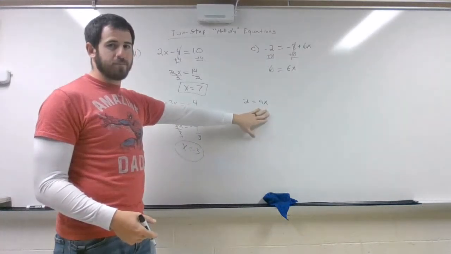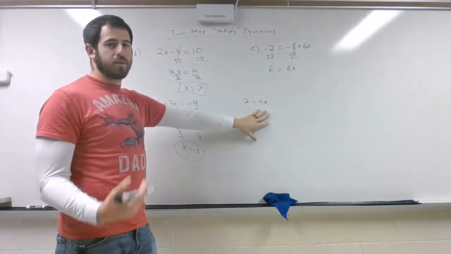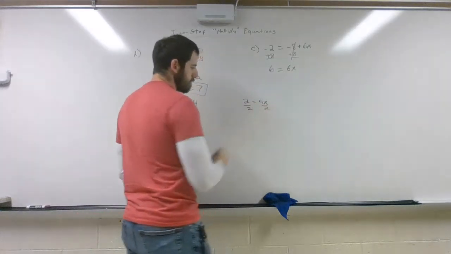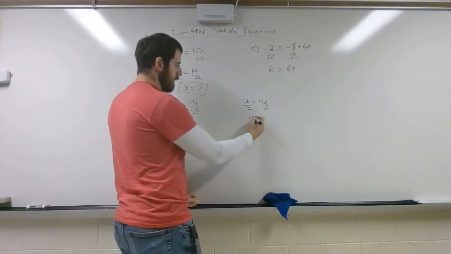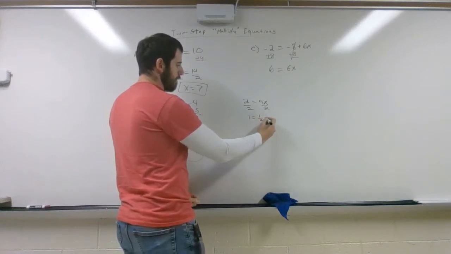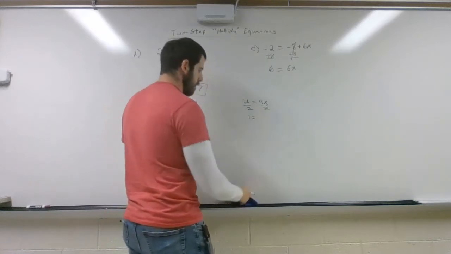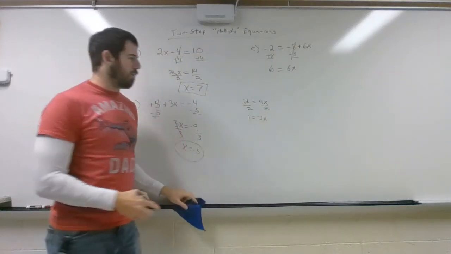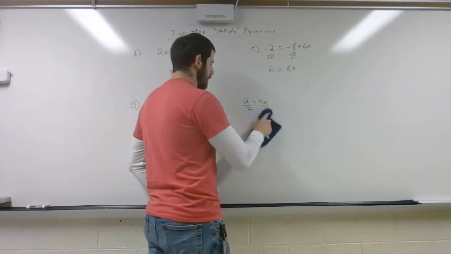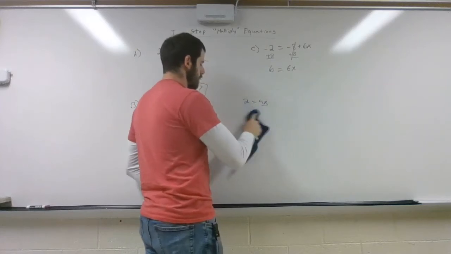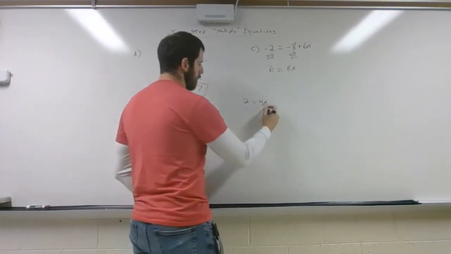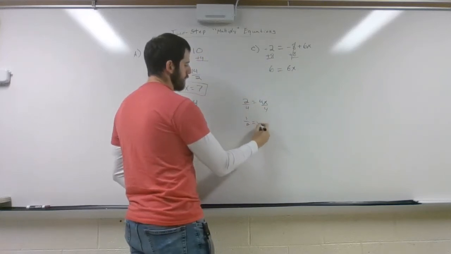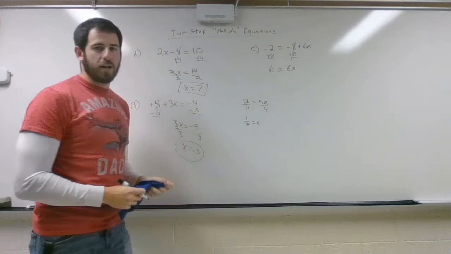That's how you get that to cancel out, because it becomes a 1. If I were to divide this by the 2, I would get 1 equals 2x. That's not solved. You always divide by the number that is with the variable. In this made up problem, you divide by 4 and you get 1/2 equals x. Always divide by what's with the variable.